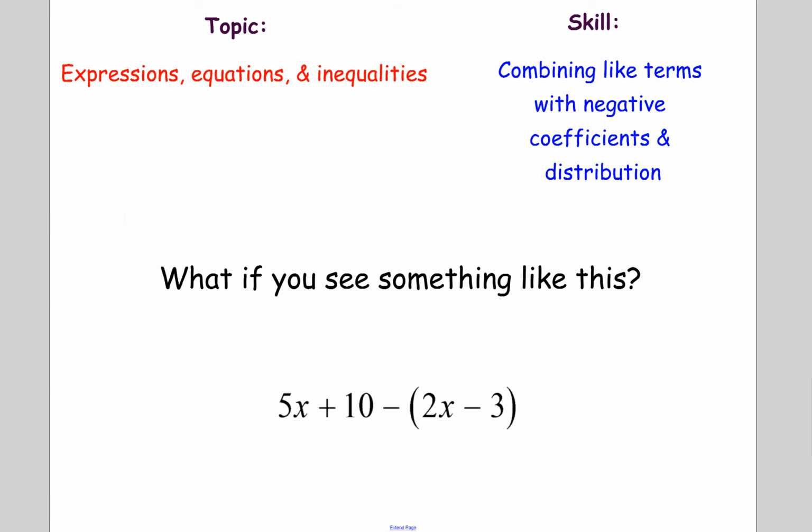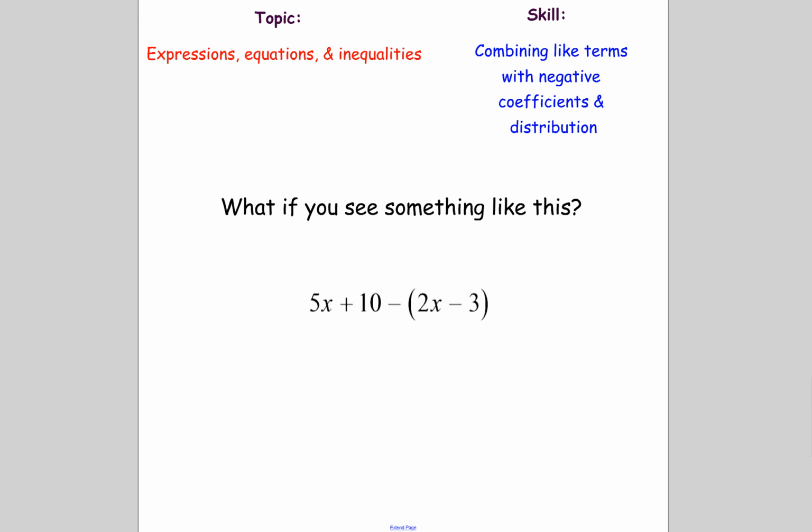And here's the special case, which I think is great for you guys to know. Sometimes you're going to see something that looks like this. You're going to see a negative sign or a plus sign, but in this case a minus sign, I should say, right before the expression. And if you see that, I want you to think of it as this.